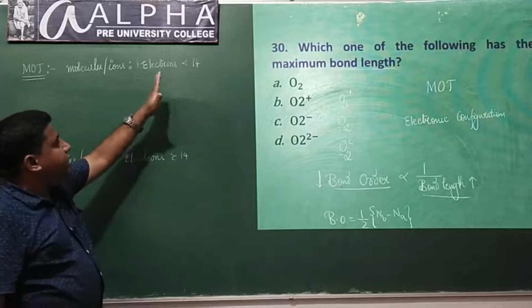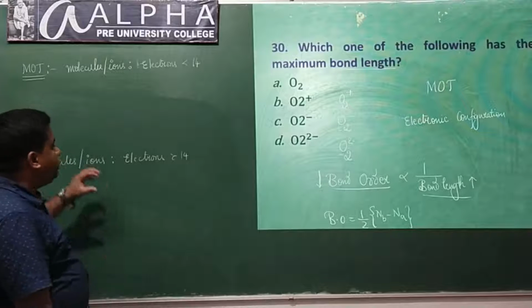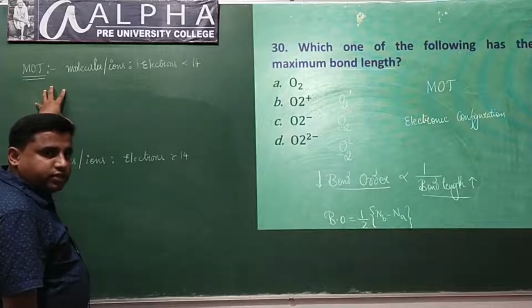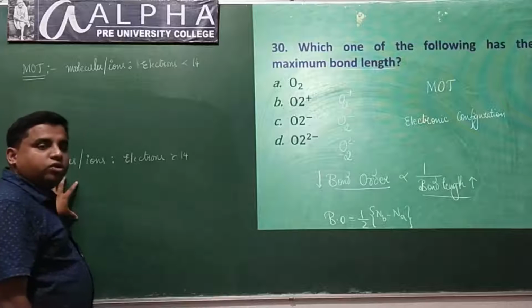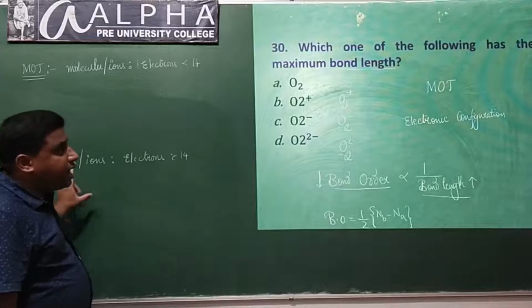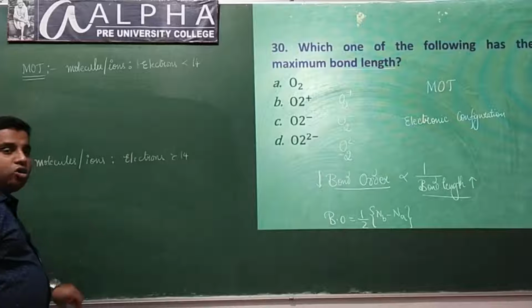We have a different electronic configuration for each case as given by molecular orbital theory.